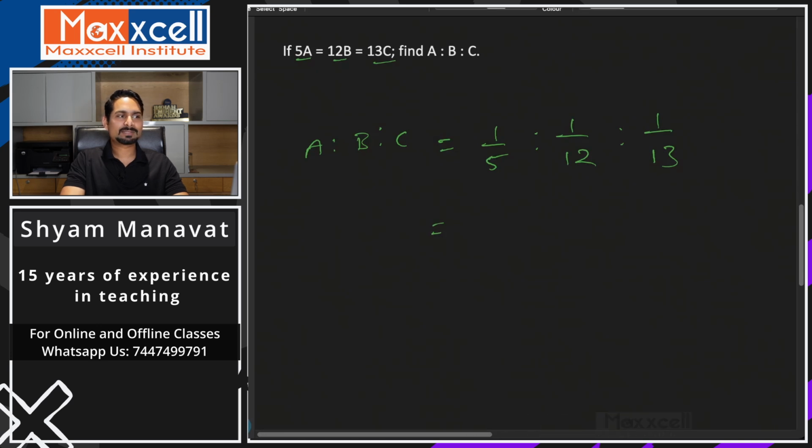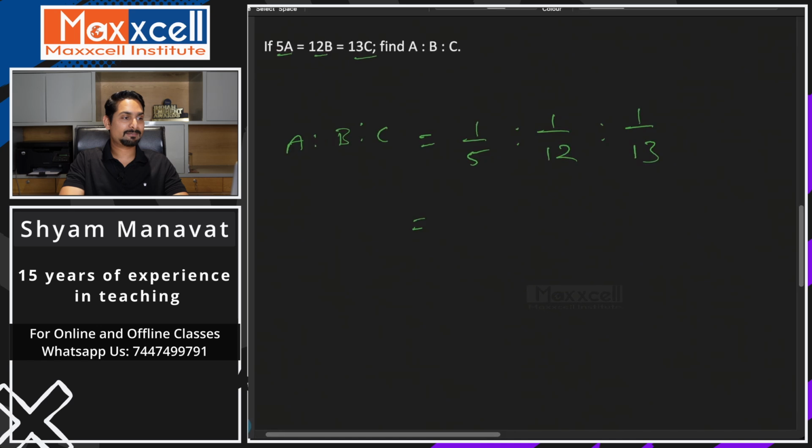Okay, yes, great. You guys are intelligent, you guys are awesome. Okay, now if I want to simplify this, what do we do? We multiply by the LCM. Now you can see 5, 12, 13, there is no relation between them. Literally no relation between them. So LCM will be multiplication of 5, 12 and 13 directly, right? So let me not multiply and have value and then multiply here.